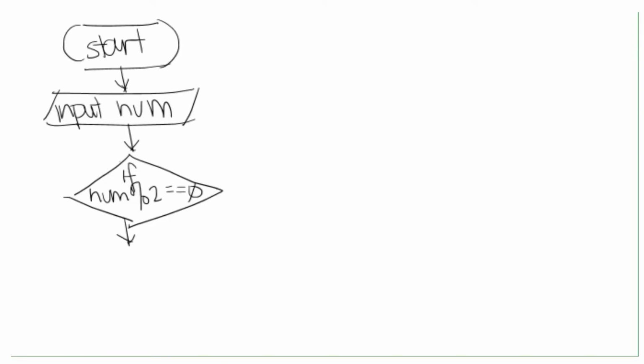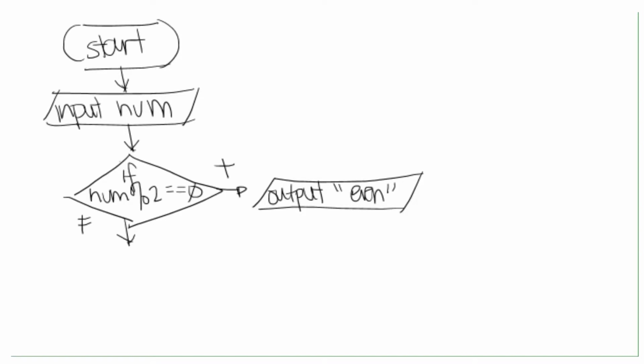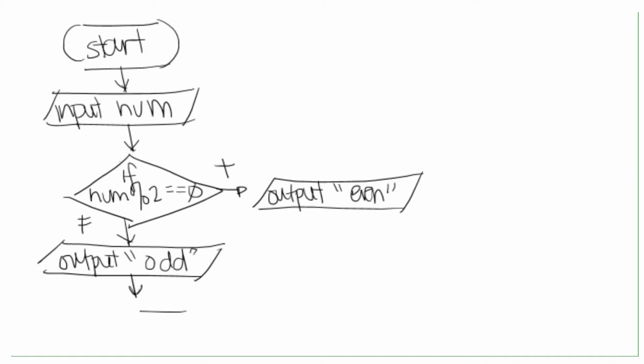So again, if this is true, if this is false, if true, then I'm going to display that the value is even. If it's false, I'm going to display the value which is odd. Okay, then I'm going to put end.